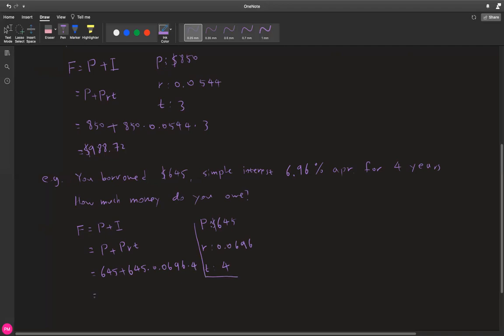And by plugging it in the calculator, you should end up with $824.57. So at the end of the 4-year term, you owe the lender $824.57.